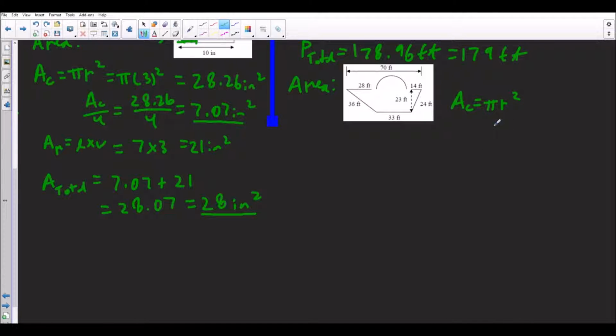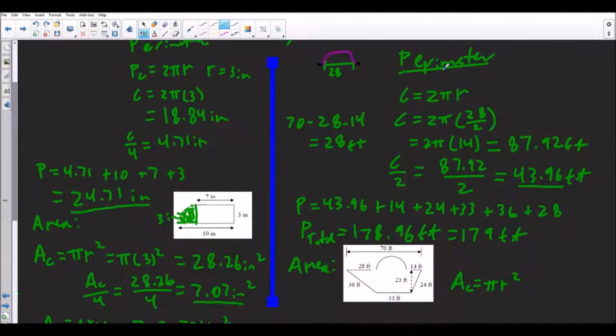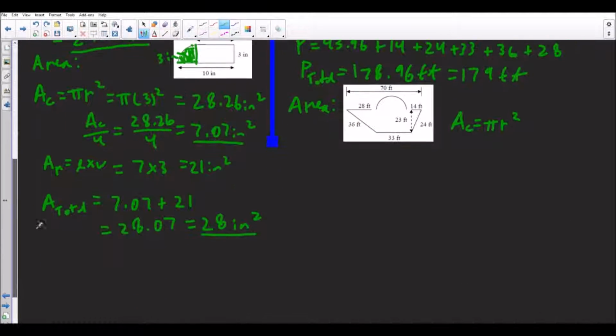Okay, we figured out what the radius was up top, right? We found that the radius was 28 over 2, which is equal to 14. So if the radius is equal to 14, we can just say the area of the circle is equal to pi times 14 squared, right? Because the radius is equal to 14 feet.